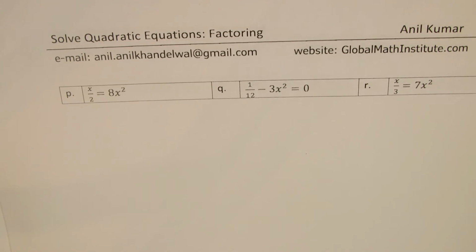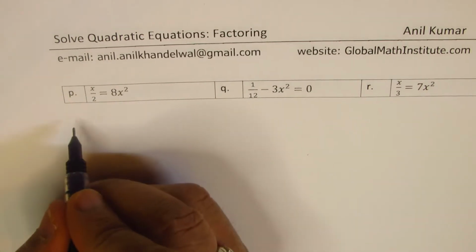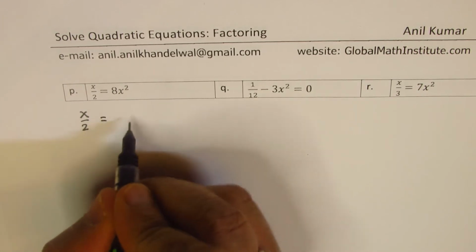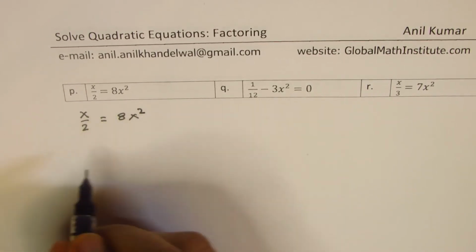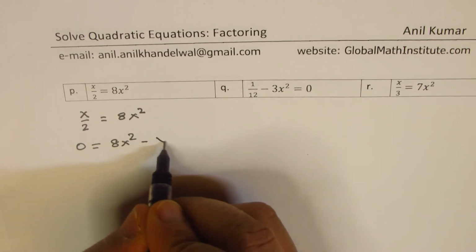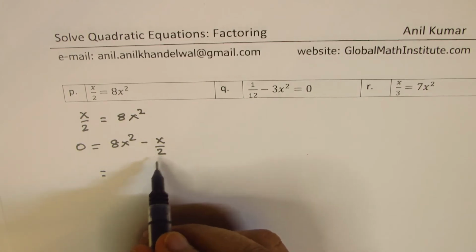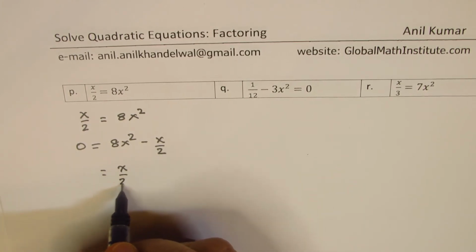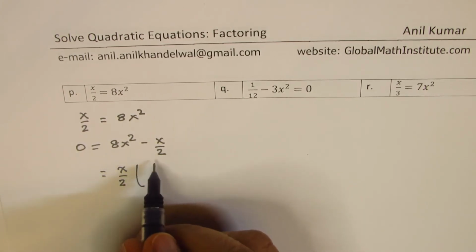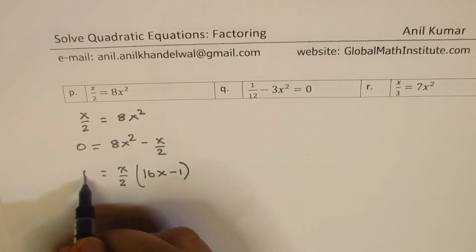Now, we have some fractions involved, simple questions with a variation. So we have x over 2 equals to 8x squared. Bring them together. We can write this as 0 equals to 8x squared minus x over 2. Well, x over 2 is common, right? So when you take x over 2 common, you get x over 2 times 16x minus 1 equals to 0.